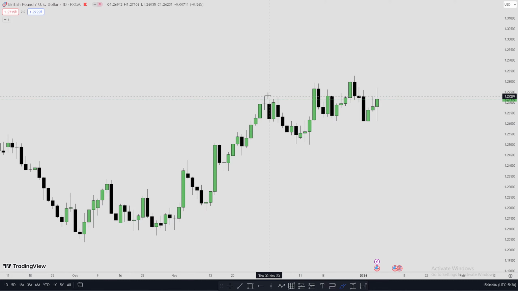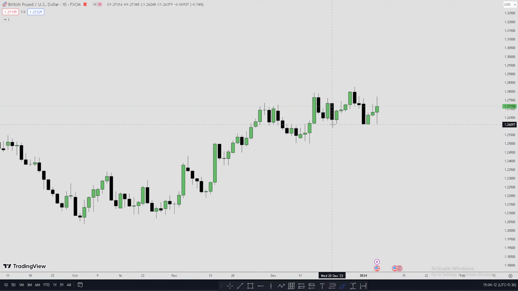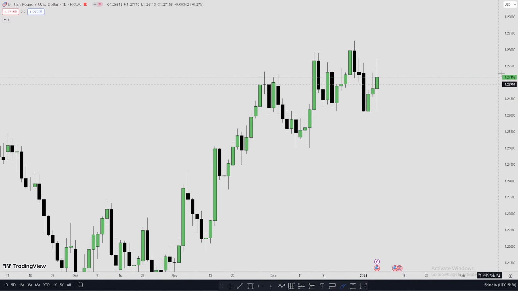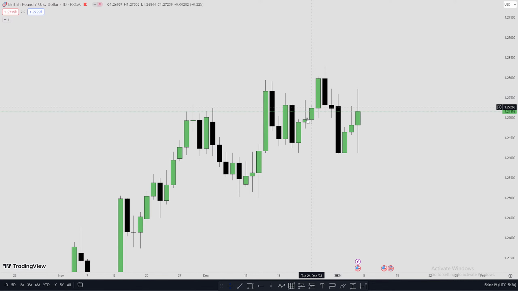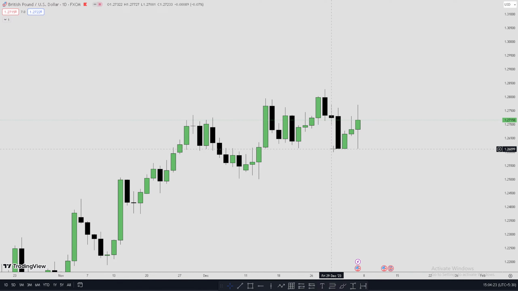It took external, came all the way back into the internal, started to move up again, grabbed the external. Is there any fair value gap around it? There is no fair value gap. First things first, clear.